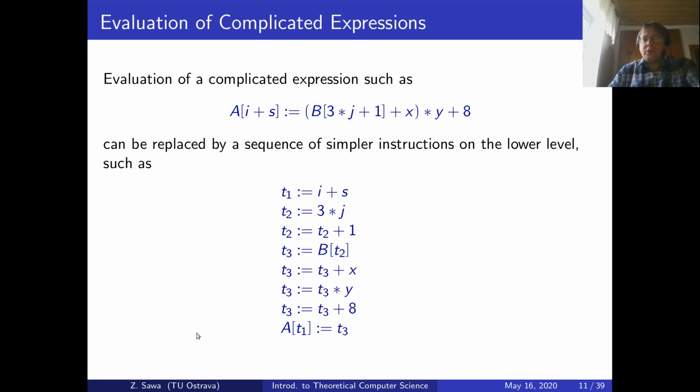I have also mentioned that in assignments in high-level programming languages, we could have some arbitrarily complicated expressions. Typically on the low level, these complicated instructions could be decomposed into simpler kinds of operations.